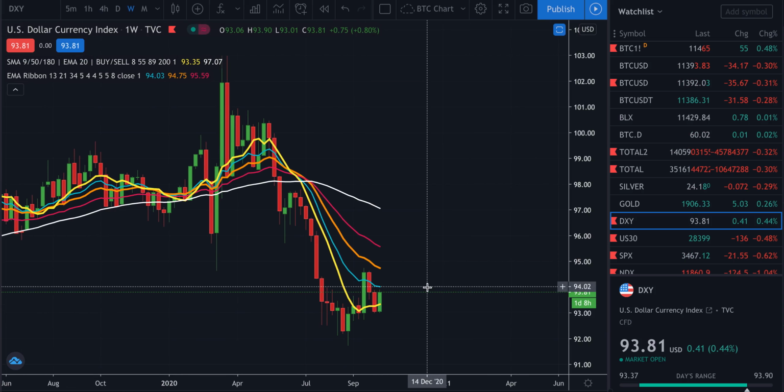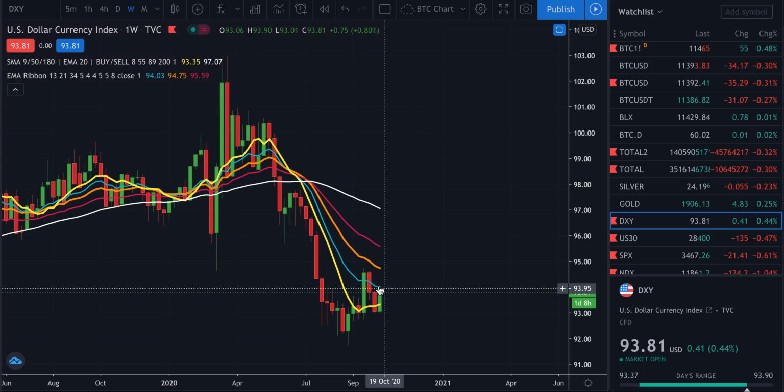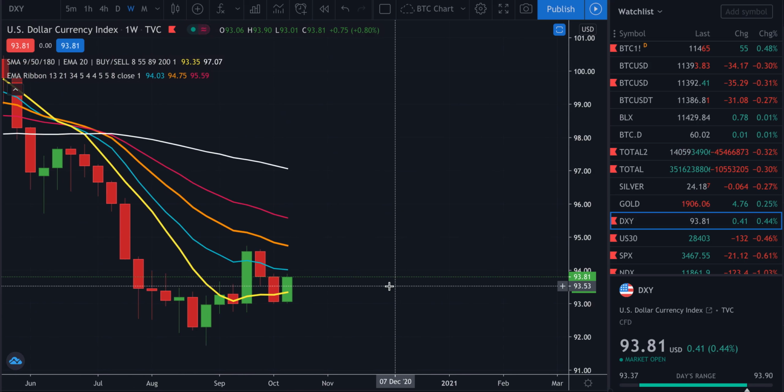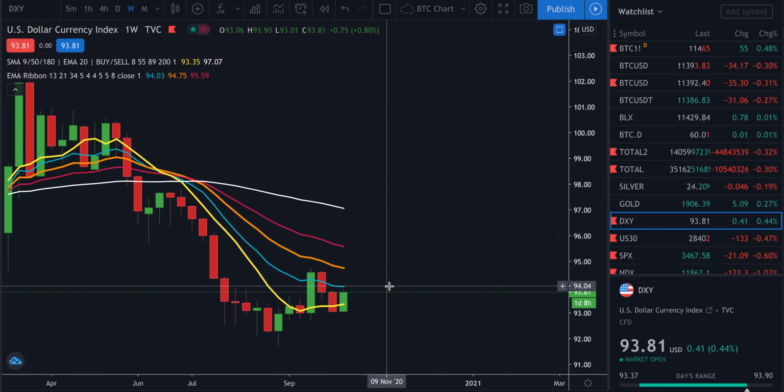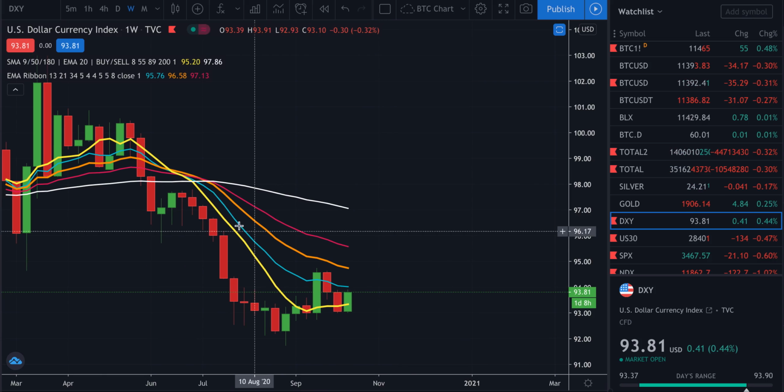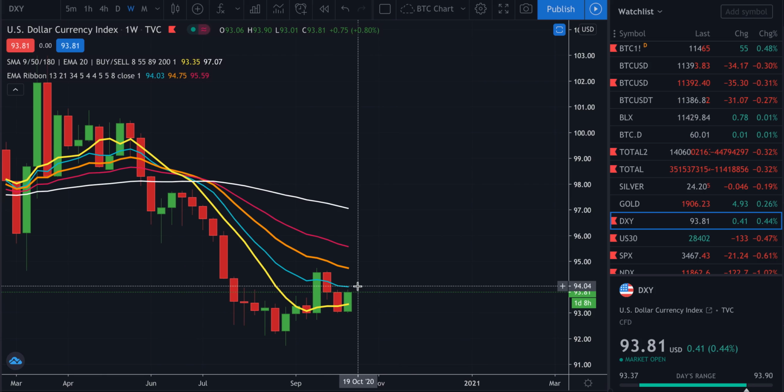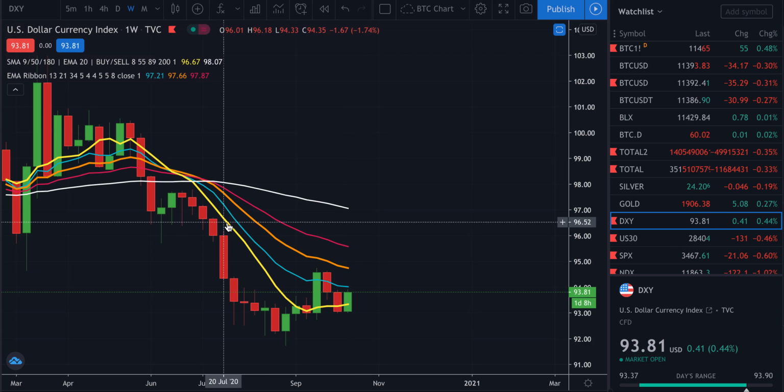And I think we'll see resistance right here at this 13-week moving average. It hasn't been maintaining above this 13 weekly moving average for long. So that's my indicator.